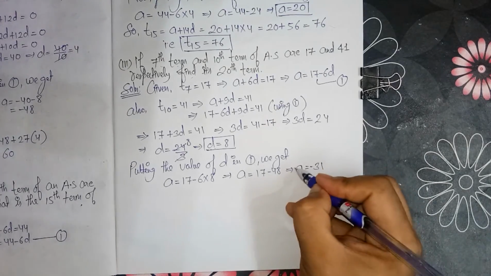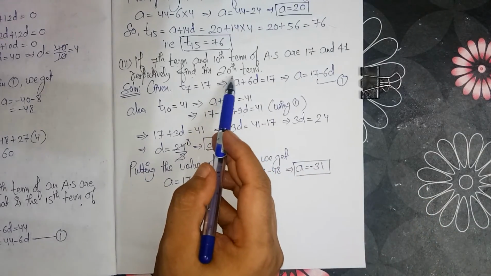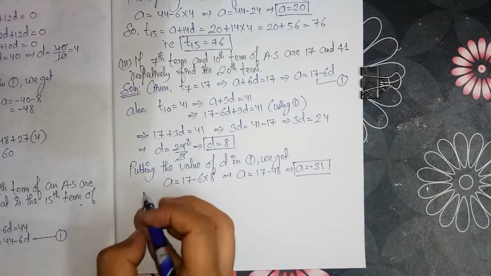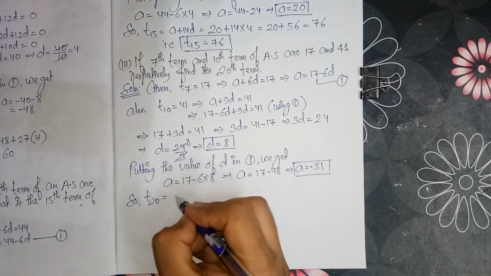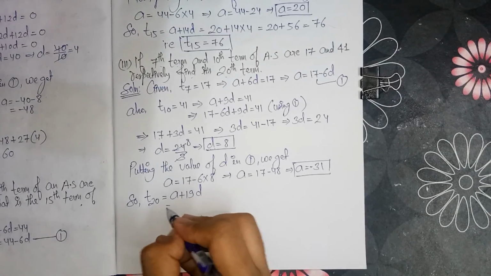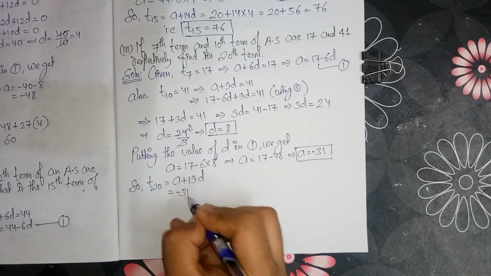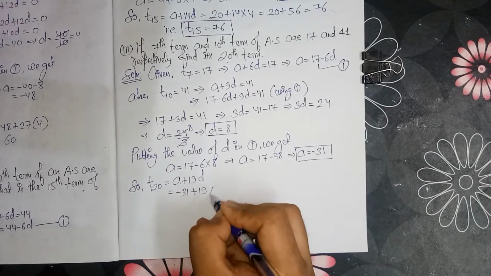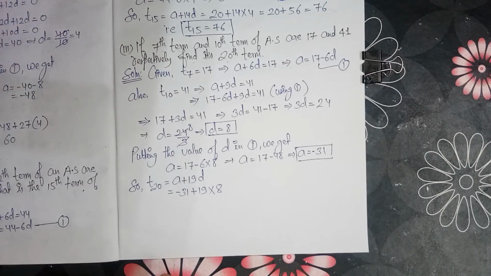Now we just got the value of a and d. What we have to do is to find the value of the 20th term. T20 equals a plus 19d, which is equal to, in place of a we put minus 31, plus 19 multiplied by d, which is 8.